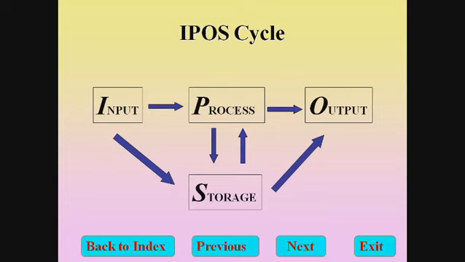So this is the process, and the final answer will be the output. The brain has some storage, processes the instructions and data you receive, and finally gives some reaction or output. So this is the IPOS cycle.